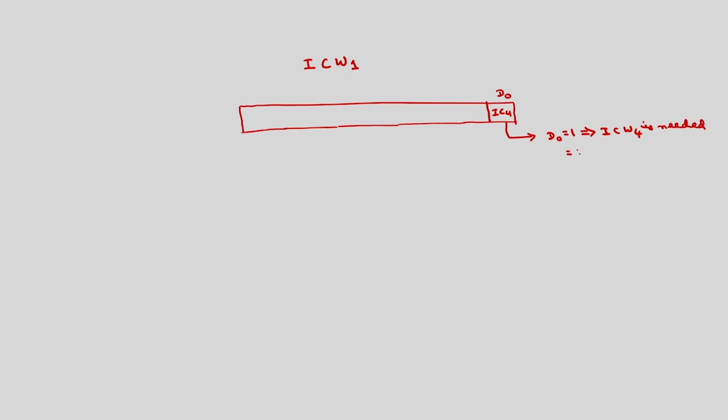If this is equal to 0, it implies ICW4 is not needed. As I have discussed in the flow chart also, ICW4 is an optional one.